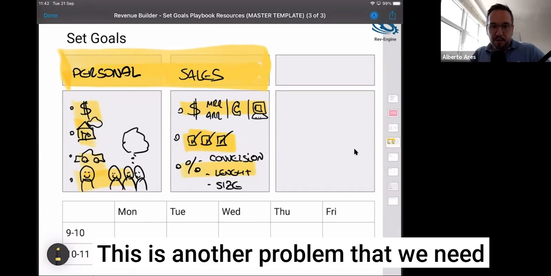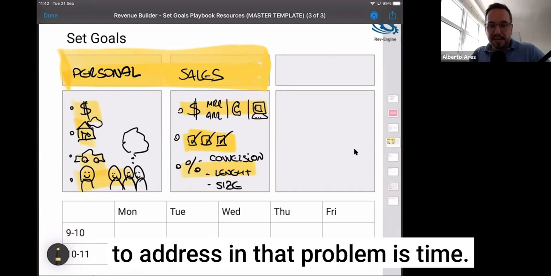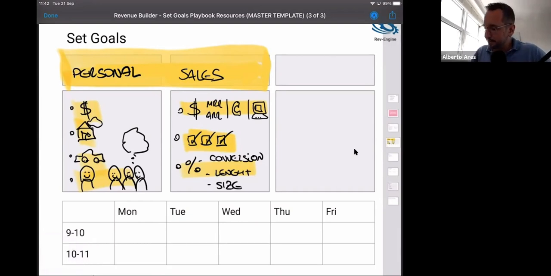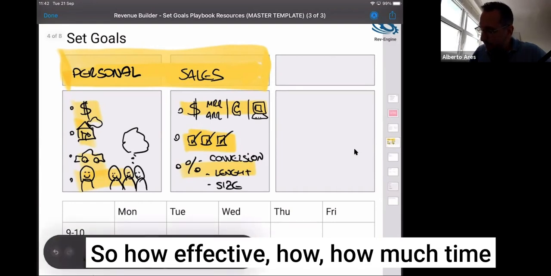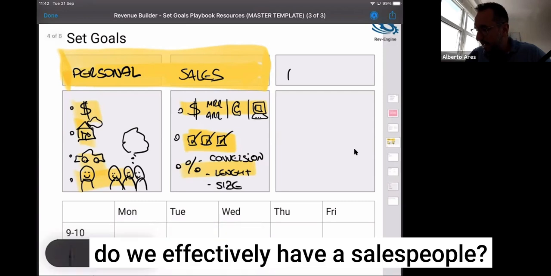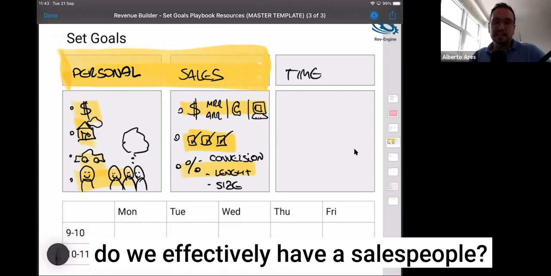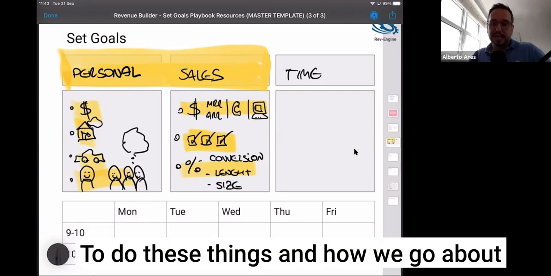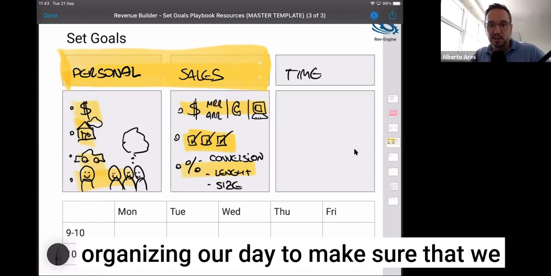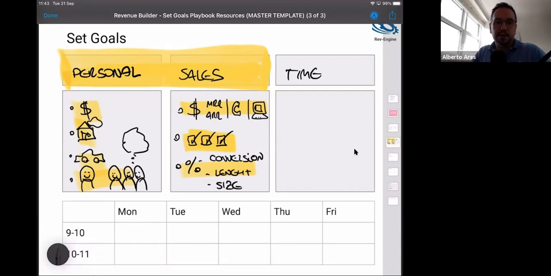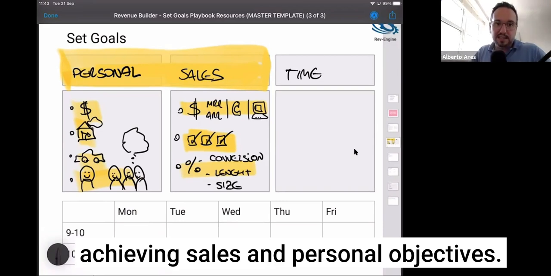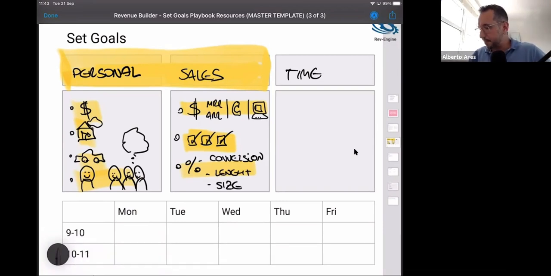But there's another problem that we need to address, and that problem is time. So how much time do we effectively have as salespeople to do these things, and how do we go about organizing our day to make sure that we do the right activities that will lead to achieving sales and personal objectives.